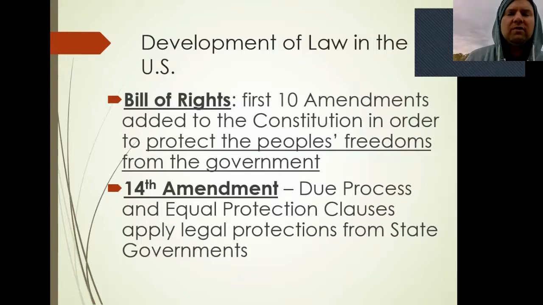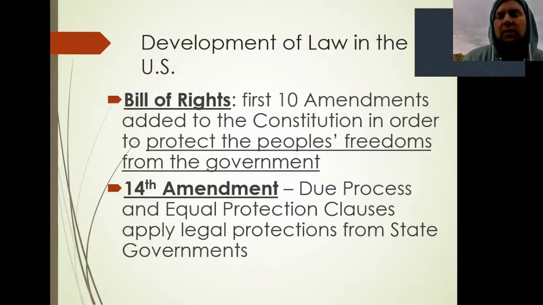So eventually the Federalists agreed, and soon after the ratification of the Constitution, around 1791, the Bill of Rights was ratified, which protects a lot of things like freedom of speech, your due process rights to make sure you have a fair trial, and other various rights that we've mentioned previously.